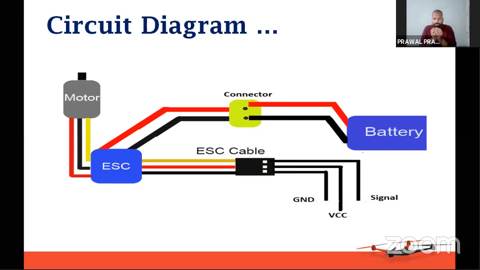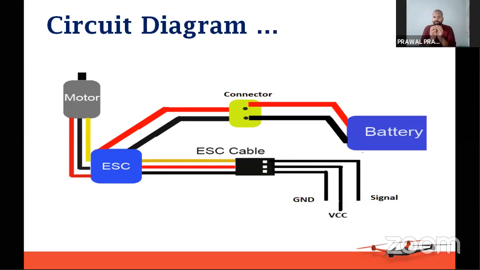So it is actually controlling the speed of the motor as per the instruction given by the controller by changing the voltage. So if the controller says that I want this motor to go at a lower speed, the ESC of that motor will reduce the voltage of that motor and the speed will go down.